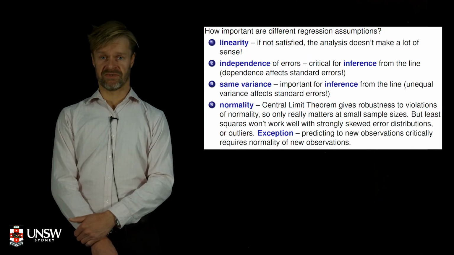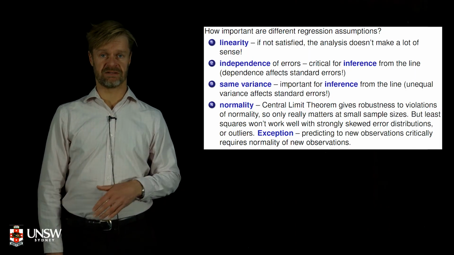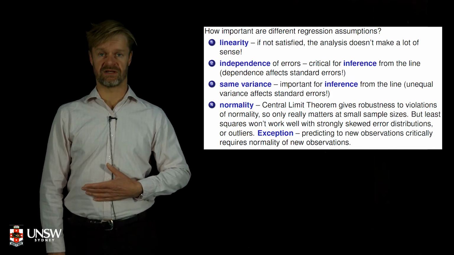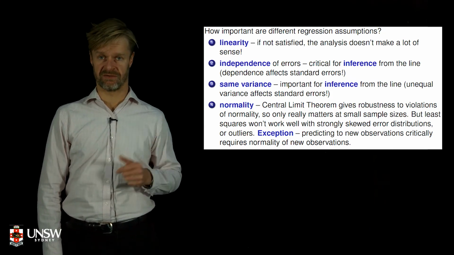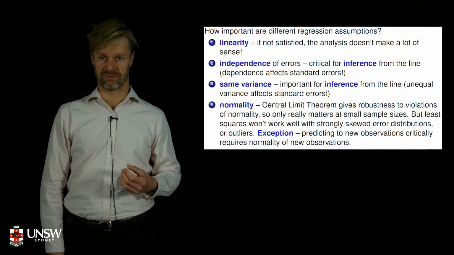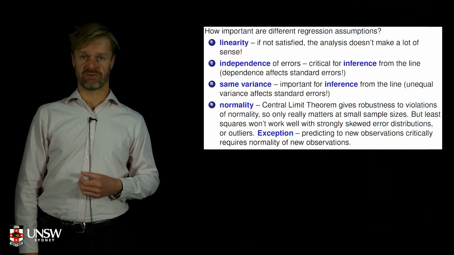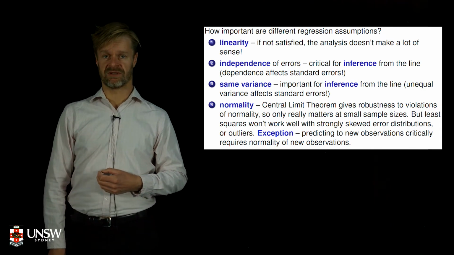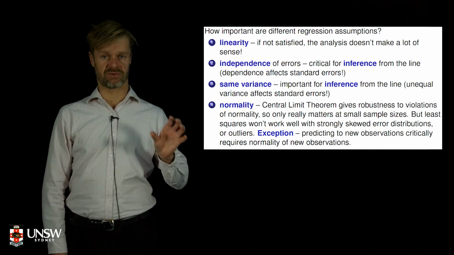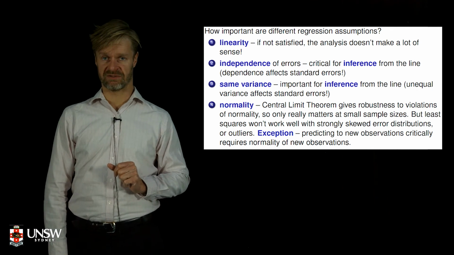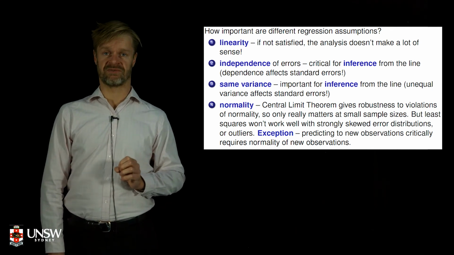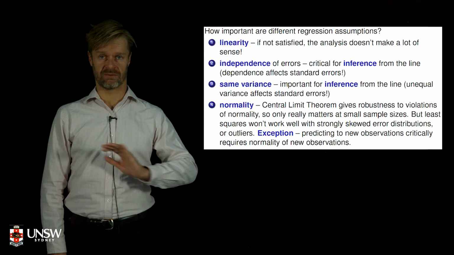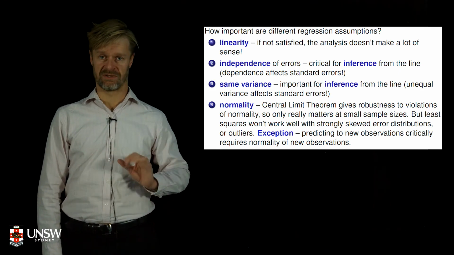So how important are these assumptions? Linearity, obviously, it doesn't make sense to fit a straight line to data if it's not a straight line. So that's the first thing that we need. Independence, as previously, is critical for inference. If you want to make inferences about the true slope based on a sample estimate of it, we need independent observations, otherwise our standard error estimates are usually all too small, or they're all wrong anyway.